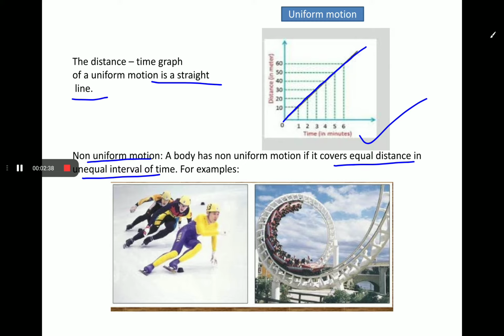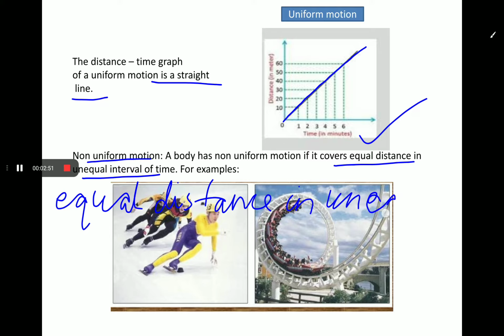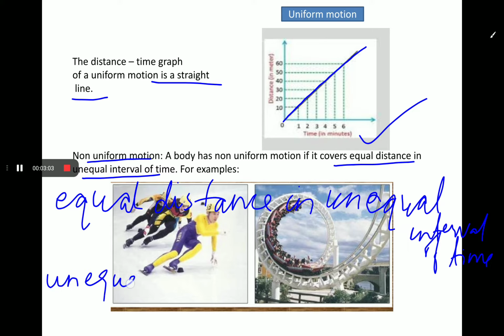Here are the two cases. The body covers equal distance in unequal interval of time, and the second case is that it covers unequal distance in equal interval of time.